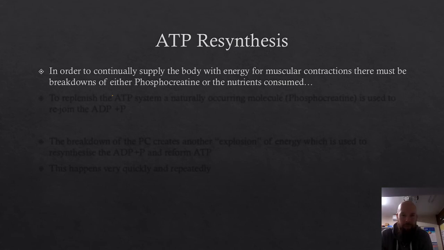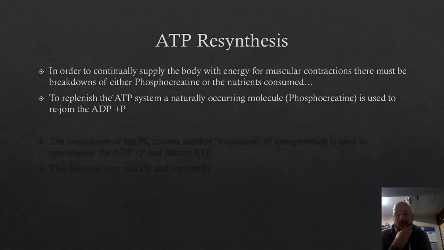So basically, to replenish the ATP, we have this PC molecule. We've got our ATP, our adenosine, our 3 phosphates, and then we've got this PC that's floating around the body as well. Phosphocreatine is used to rejoin the floating phosphate, the one that broke off to provide energy, to that ADP.